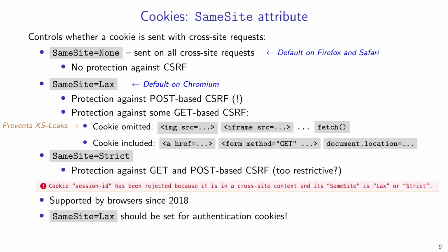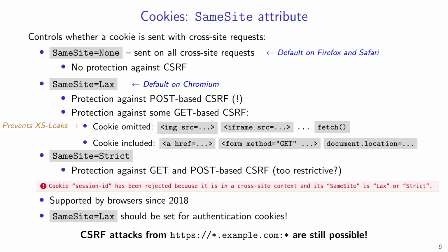Now, the security issue with these SameSite cookies is that SameSite is weaker than same-origin. SameSite here is not defined as a hostname, but rather as a root domain name including all its subdomains. And therefore, cross-site request forgery attacks and access leak attacks from subdomains are still possible.